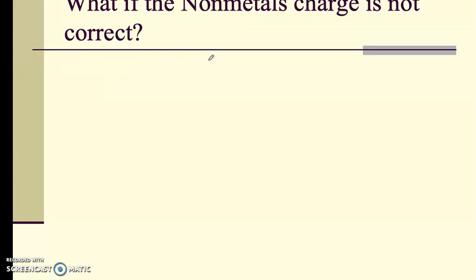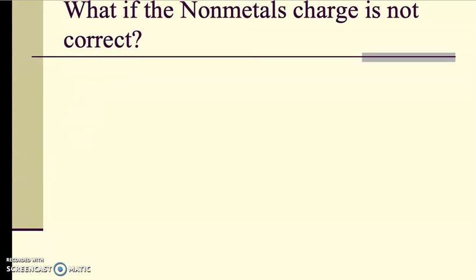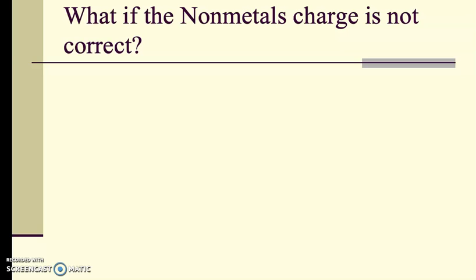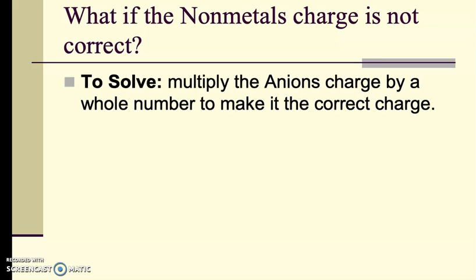Now, what if the nonmetal's charge is not correct? There's a procedure to go through, very simple. To solve, multiply the anion's charge by a whole number to make it the correct charge. When are we going to do this? This is after we criss-cross and assign charges, and we check the nonmetal's charge.